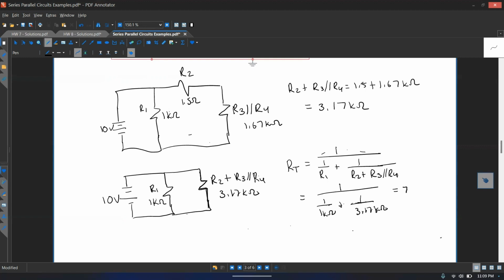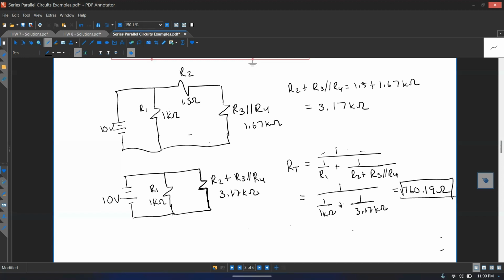So you get 760.19 ohms. All right, so that's our total.